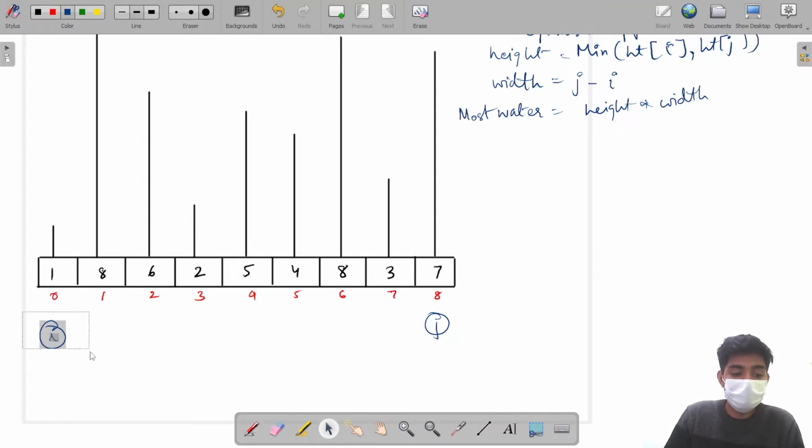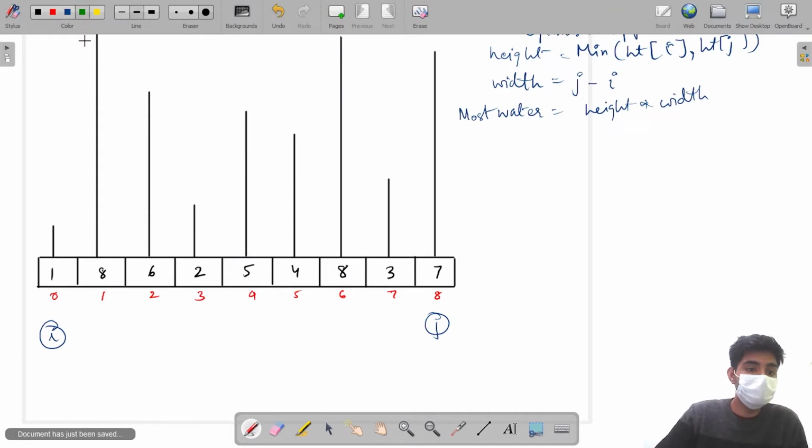Now we have to increase i or decrease j on the basis of something. But before moving on, let's calculate the height, width and the water at this position only. So I'm at 1,7.